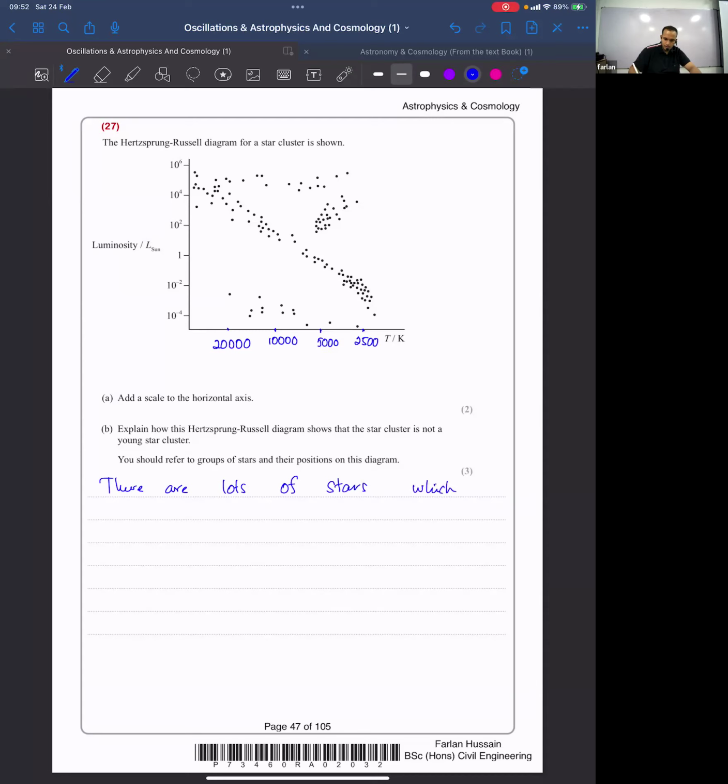Which don't fall along the diagonal. Which confirms they have passed the main stable period.